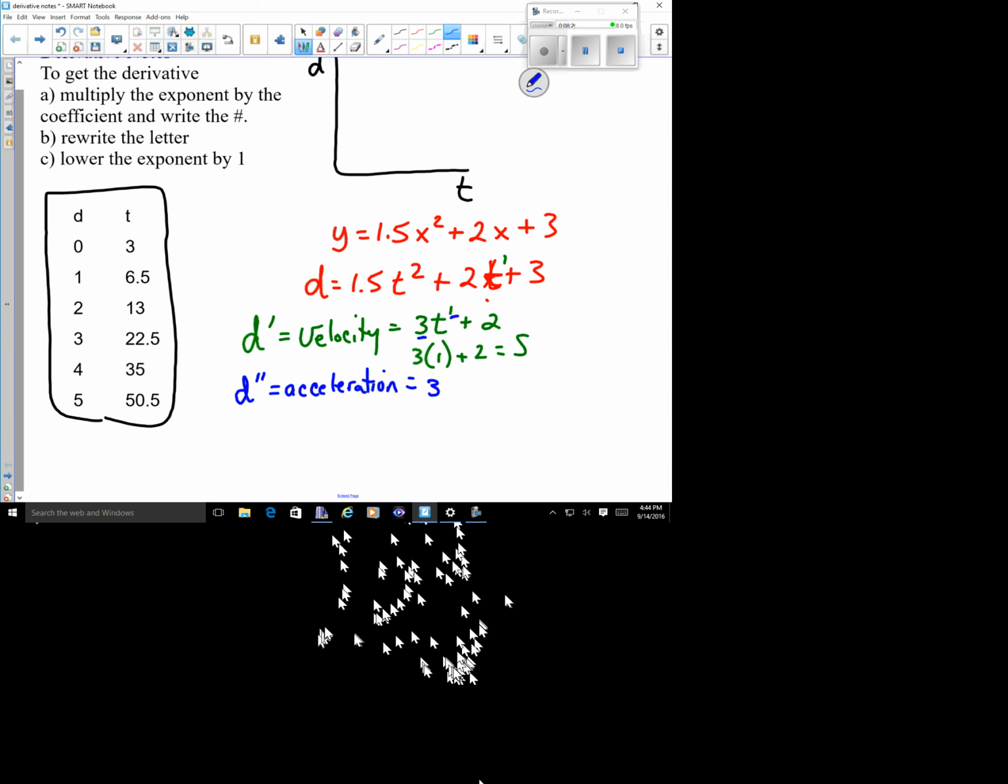Now you'll have a worksheet that I gave you that says derivative practice problems. There's one on there I want you to be really careful of. Let's say you're given this equation right here, where distance equals 2t plus 3.